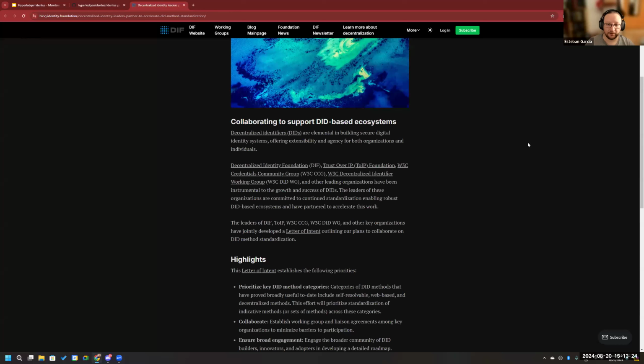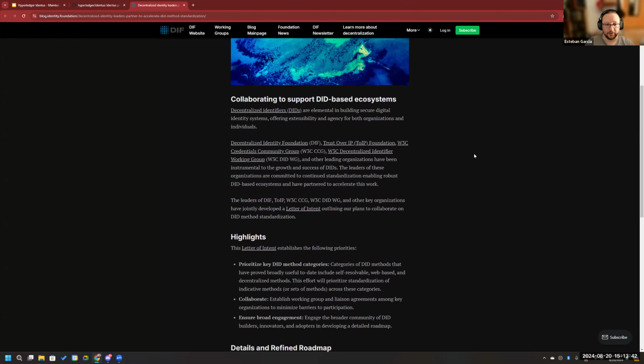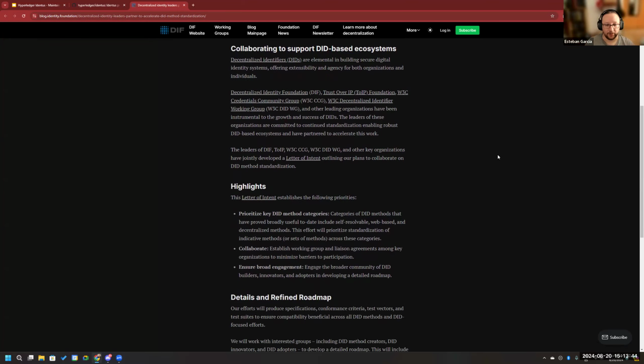The nice thing is that this is a coordinated effort between the Decentralized Identity Foundation, Trust over IP, and some of the working groups from the W3C. Usually there are these parallel trends that work on this standardization, and this time it looks like they are going to be working together.